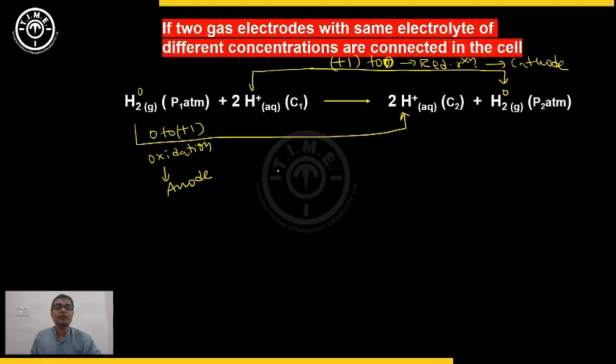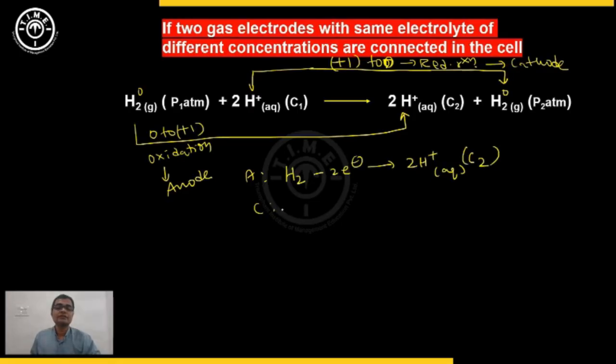Now, first we have to write the anode. Anode reaction: hydrogen loses 2 electrons and oxidizes to 2H plus ion, aqueous state, concentration C2.